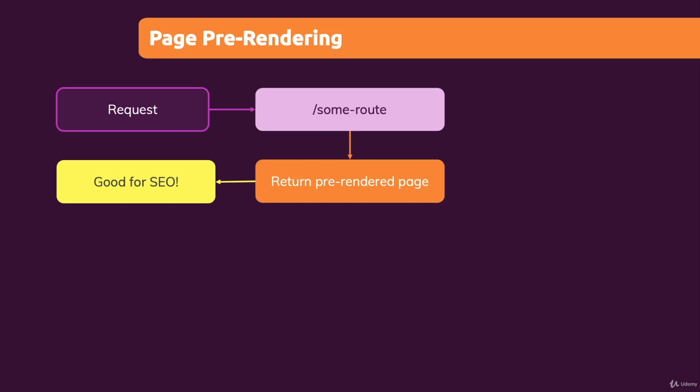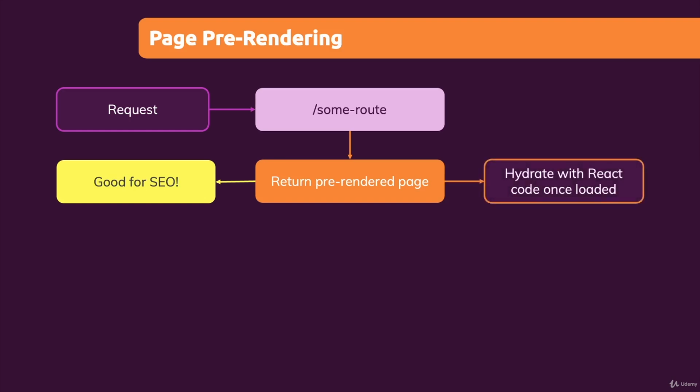And therefore, Next.js will not just send back this pre-rendered page, but it will also send back all the JavaScript code that belongs to it. And it will do something which is called hydrating that page. So it will send back that JavaScript code, and that code will then take over that pre-rendered page and again let React do its job.